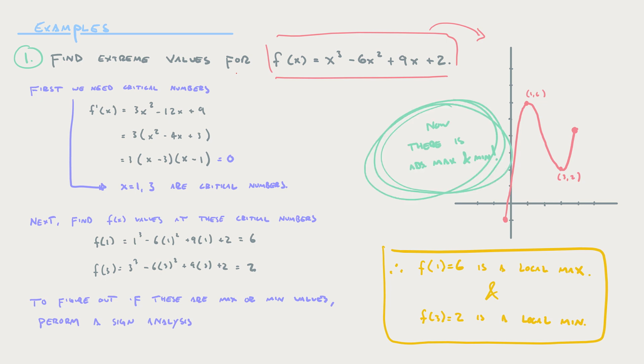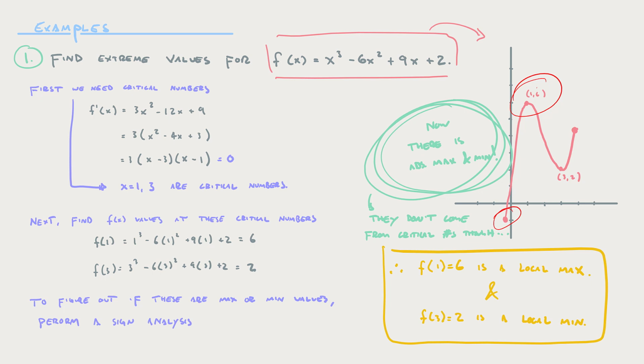But the thing I want to point out is that they wouldn't have come from critical numbers. Well, one of them would have, this one. But the absolute minimum is here. That's an endpoint. That doesn't come from a critical number.